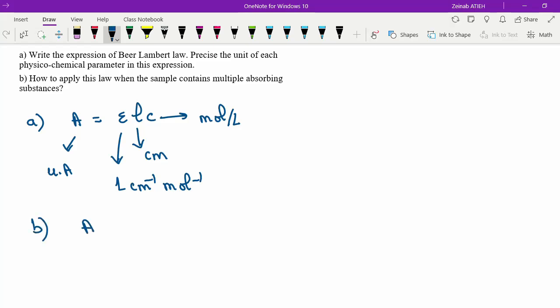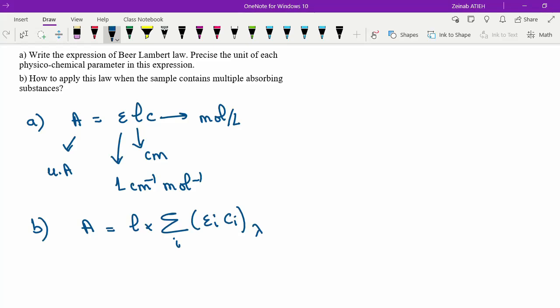So we just write the absorbance as a summation of different absorbances corresponding to different particles inside the substance, which gives us L, which is the width of the container, multiplied by the summation over i of epsilon i, C i, for a certain wavelength lambda.